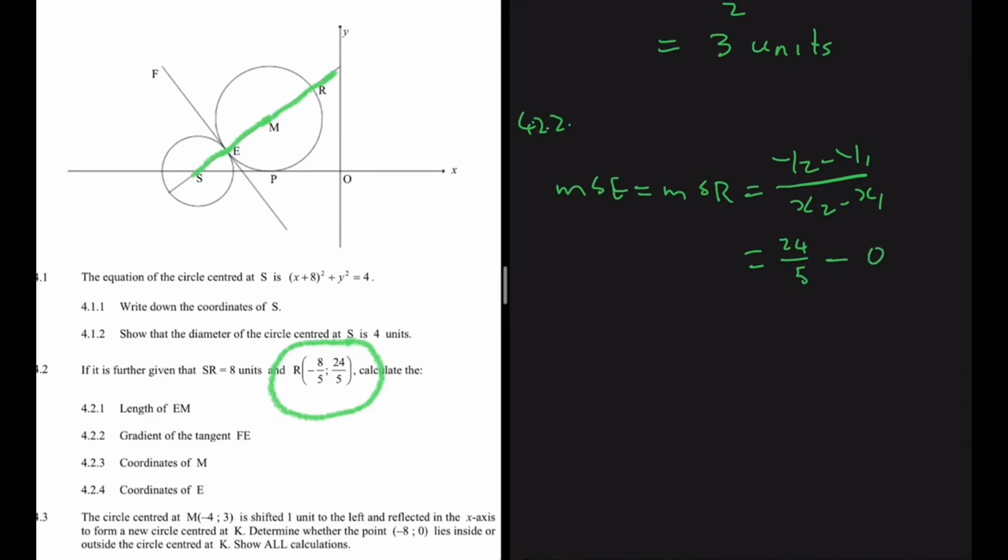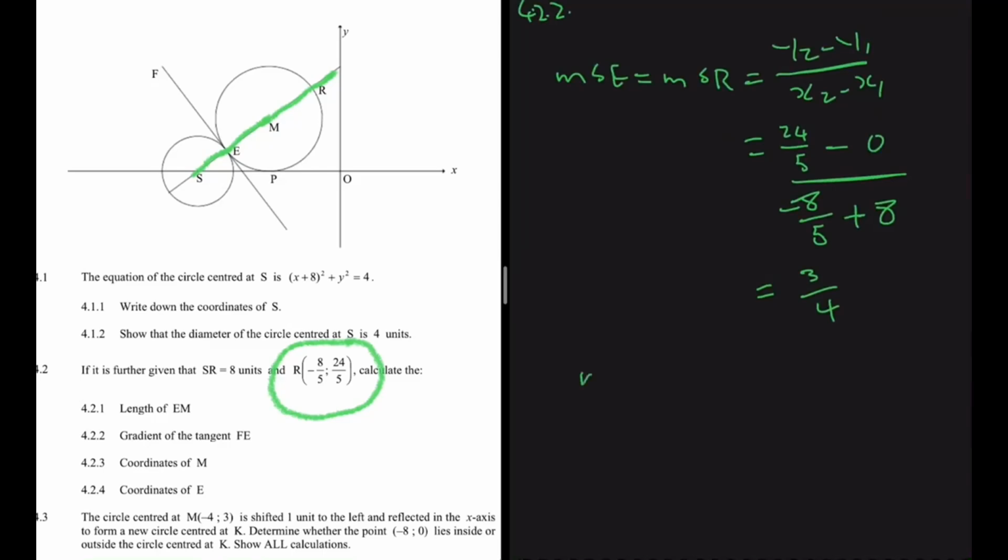So 0 divided by x2, which is 8 divided by 5, minus x1 of S, right? We know that that is supposed to be minus 8, so it will basically be plus 8, right? And then when you compute that, you get 3 divided by 4, right?